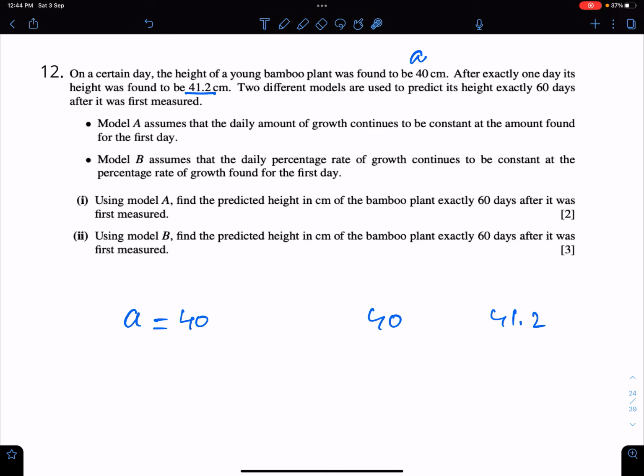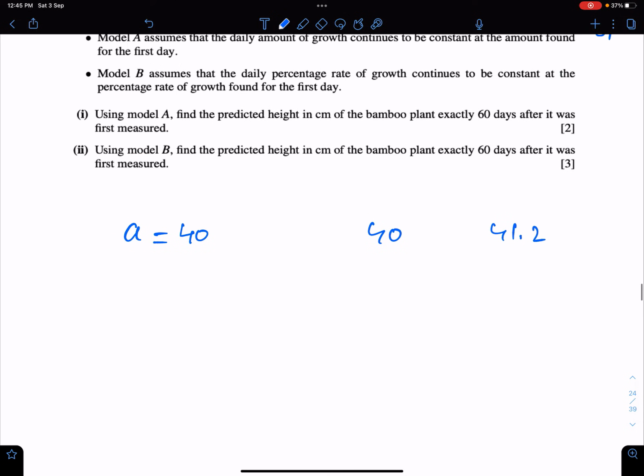So exactly 60 days after it was first measured means 61. This means T61. Model A assumes that the height continues constant, means AP. So for model A, which is AP, we need D. So D is 41.2 minus 40. So it's 1.2.